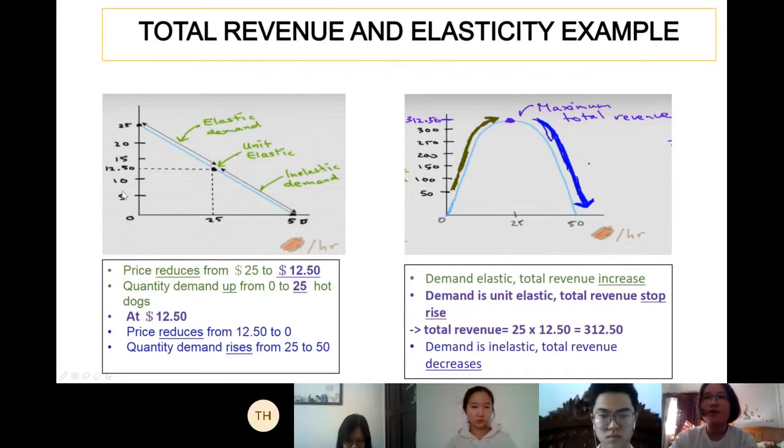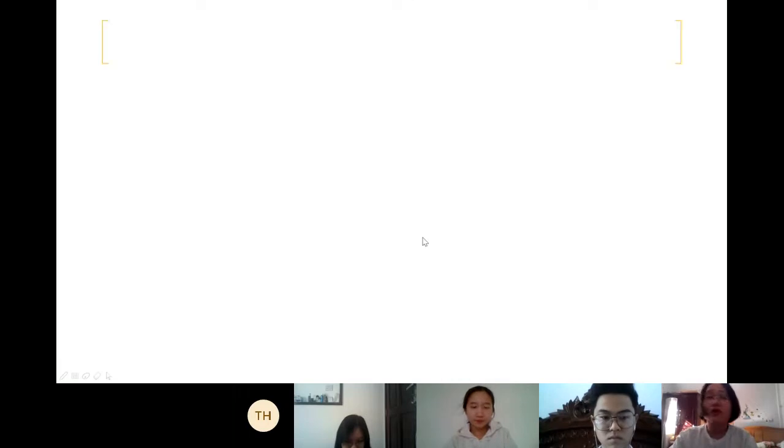This part is represented as the lower part of the straight line on the first graph, and on the second graph it is an arrow going down from the maximum total revenue. This is all I want to talk about on total revenue and elasticity.